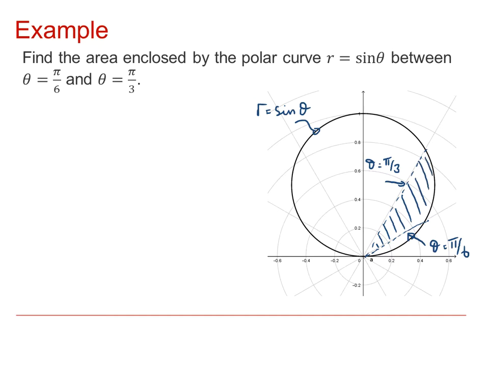Now we know that the area will be equal to the integral from theta 1 to theta 2 of 1/2 r squared d theta. So we simply need to substitute what we know into that. This will be equal to the integral from pi by 6 up to pi by 3 of 1/2 r squared, which is sine squared theta, d theta.